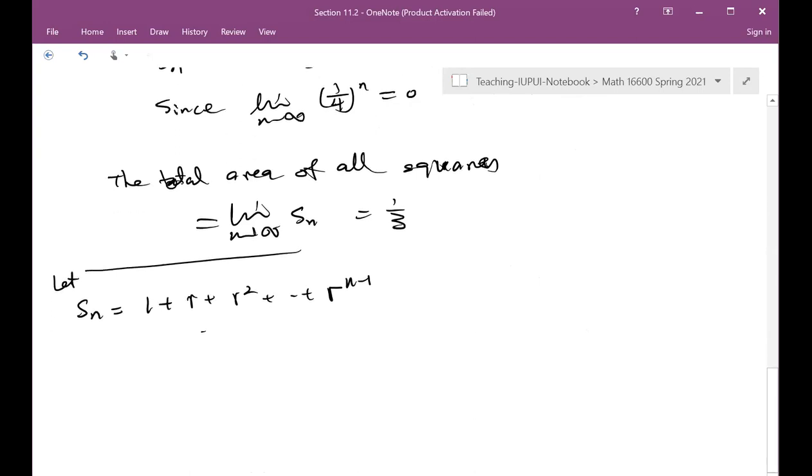Now, how can we combine them into one fraction? The idea is as follows. You multiply the sum by r, so the first term is r. The second term, r times r, is r squared. The third term is r cubed. The term before the last will be r to the n minus 1. Then the last term is r to the power n.